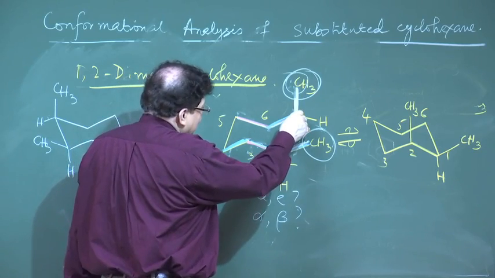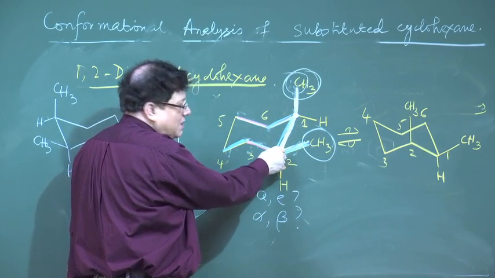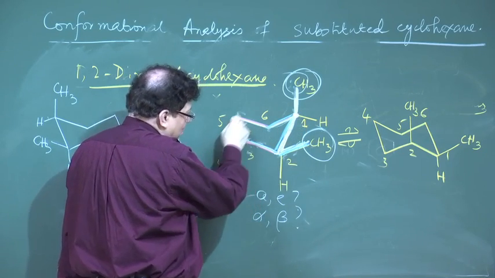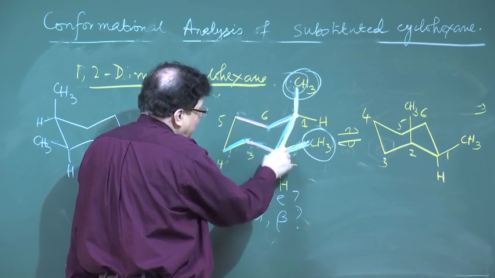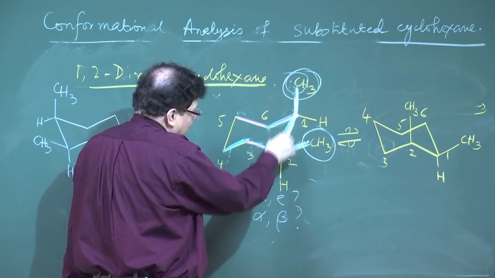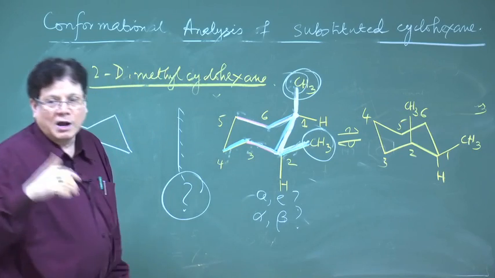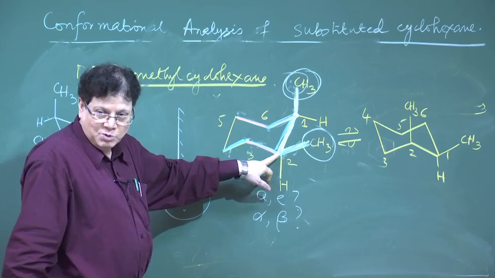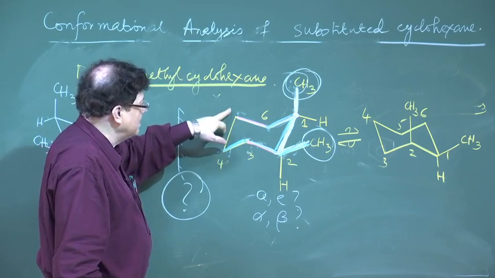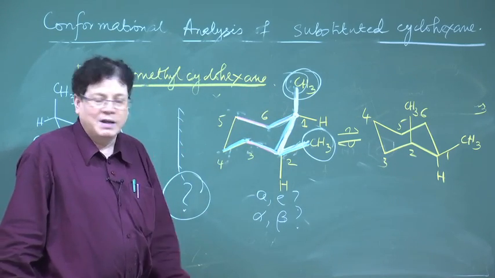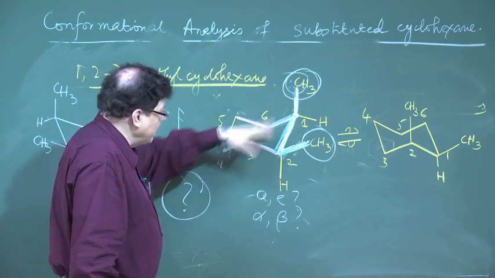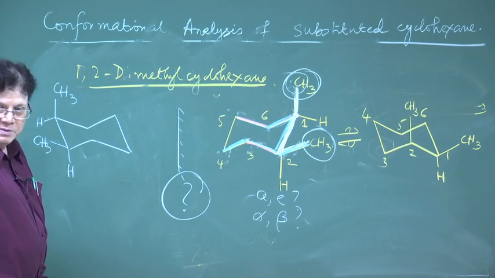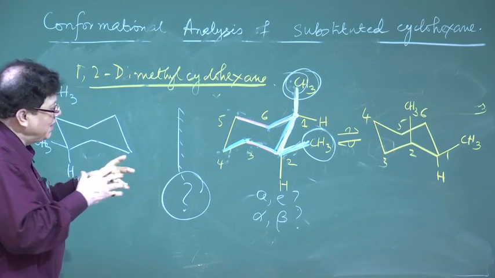That means, I start walking from here, go to C2, because I could have gone the other way around also, but I want the carbon which is having the substituent to come very quickly. So, I start walking from C1, then come to C2, then C3, then C4, then C5, then C6 and come back to 1. Okay. So, I do this walking across the ring system in both the molecules. And then see. So, that means, I have now 3 parameters.